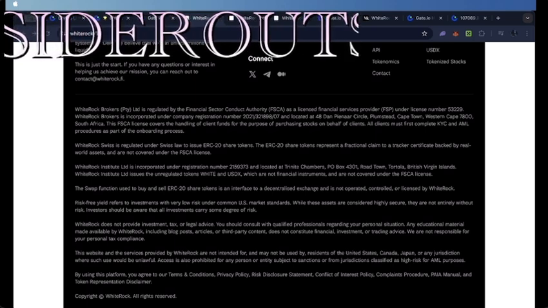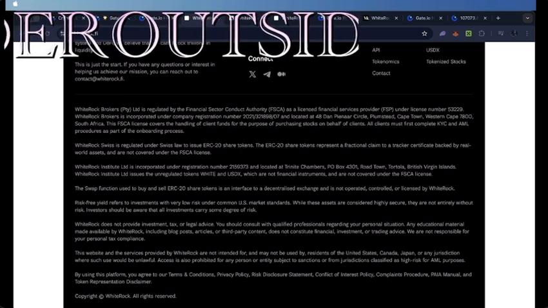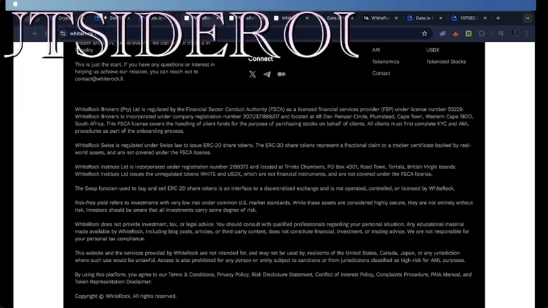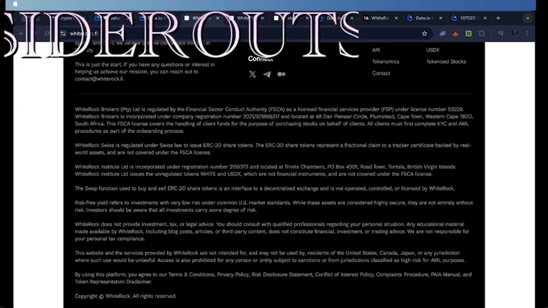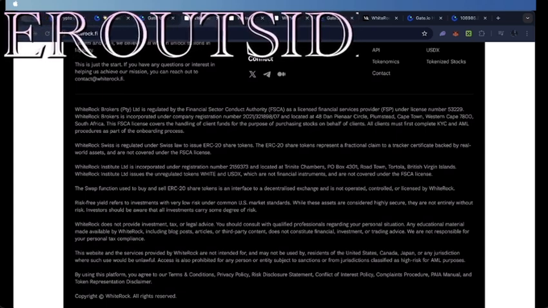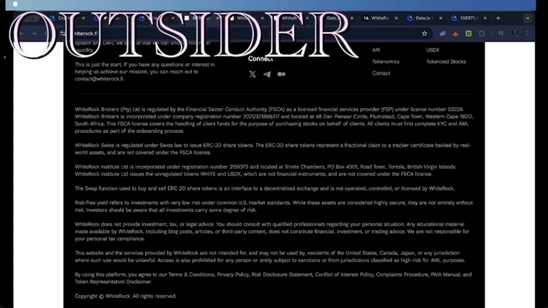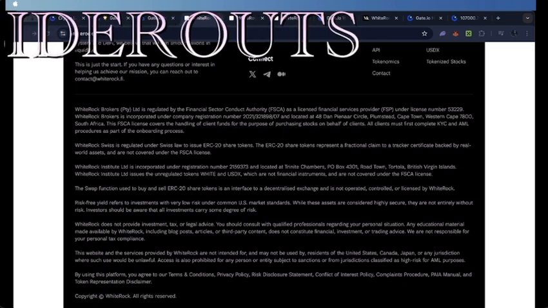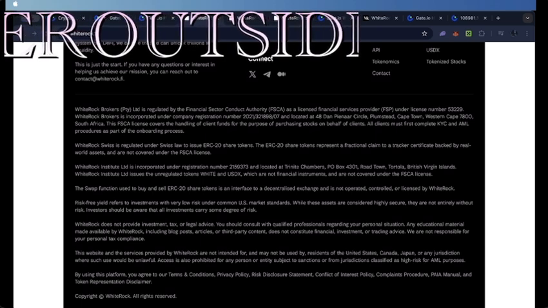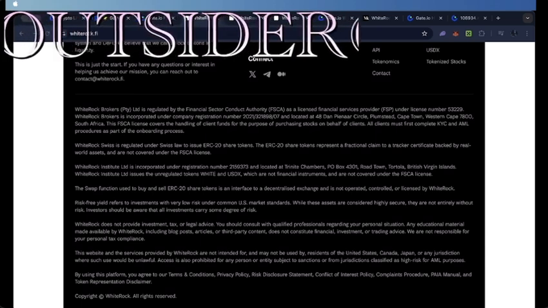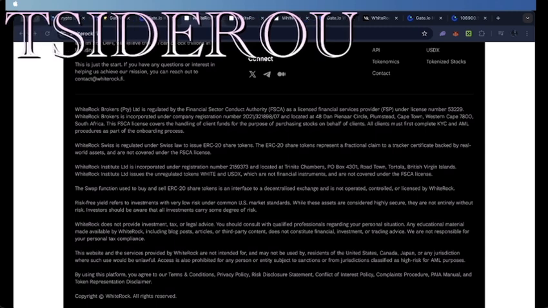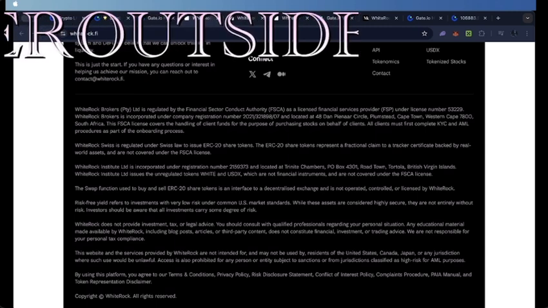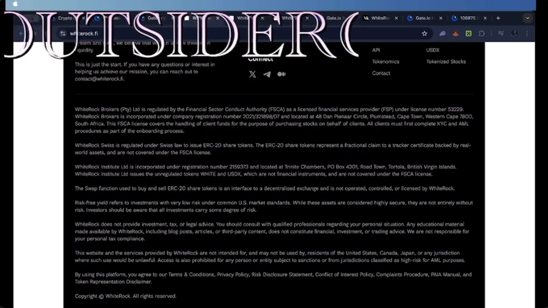So it says Whitechart Brokers Ltd is regulated by the Financial Sector Conduct Authority as a licensed financial services provider under license number 53229. It is incorporated under company registration number 2021/321898/07 and located at 48 Dan Pienaar Circle, Plumstead, Cape Town, Western Cape 7800, South Africa.